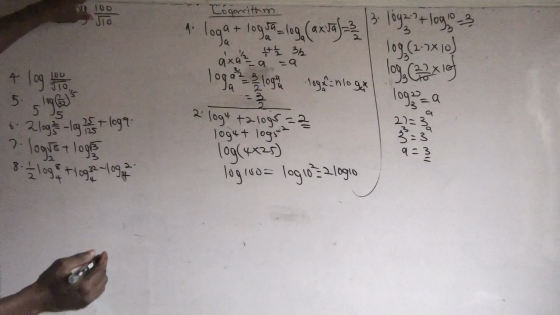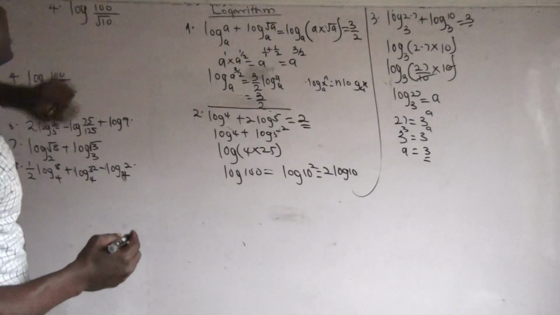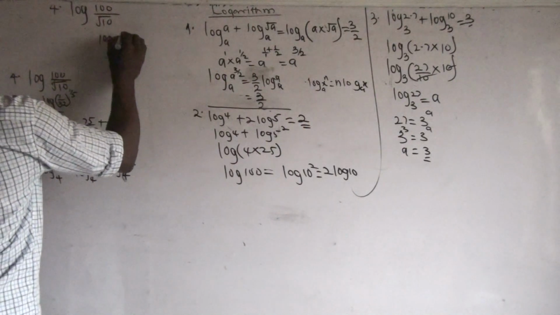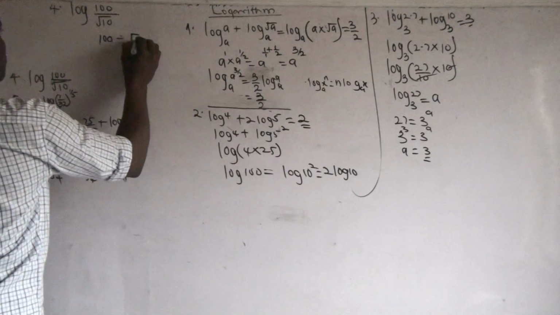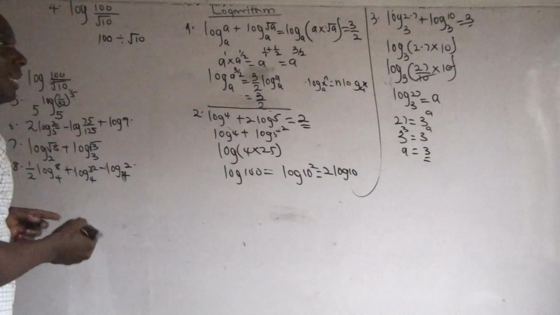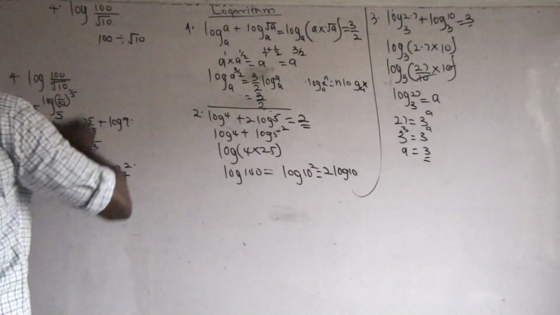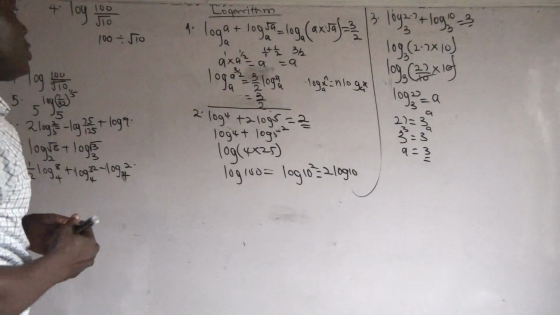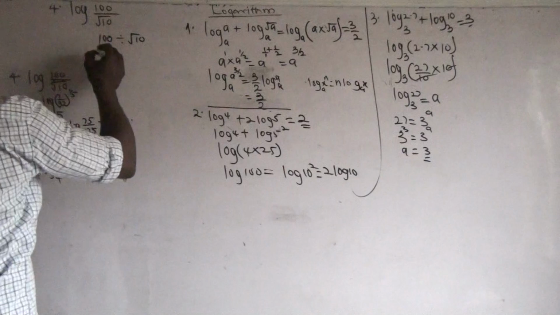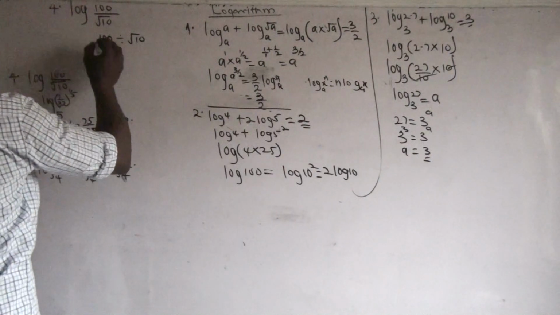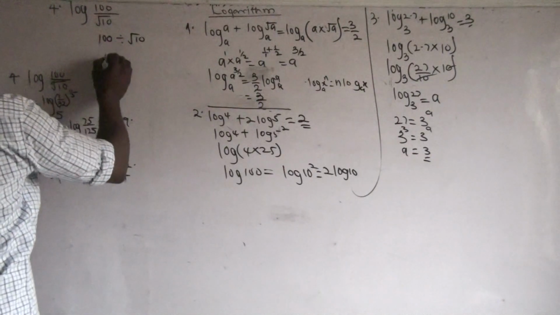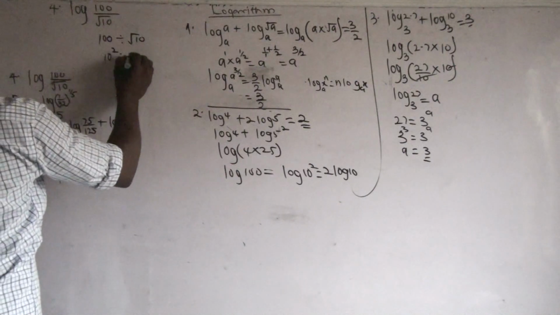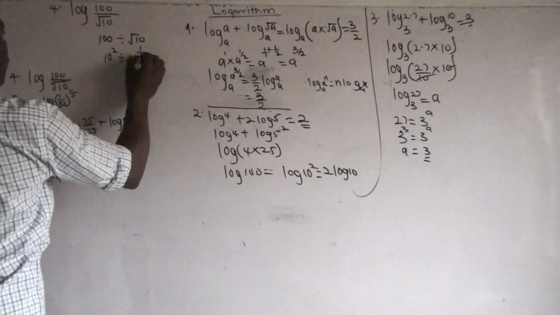But first of all, what we do here, we apply indices. This one means 100 divide root 10. So we can apply indices here first, or we can transform the question back to applying the law. Okay, here this is 10 square divide 10 raised to power half.